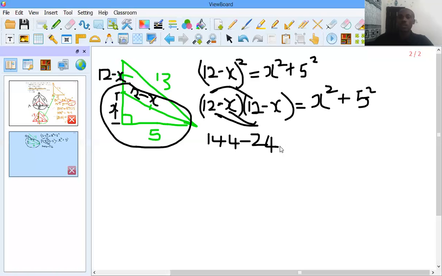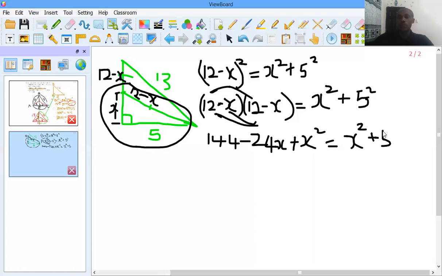And minus x times minus x is plus x squared. So we have 144 minus 24x plus x squared equal to x squared plus 5 squared.